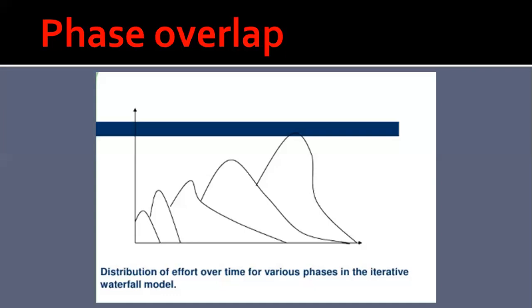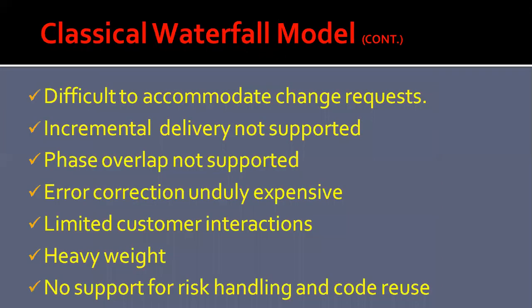Now, what are the shortcomings of the iterative waterfall model? The iterative waterfall model is a simple and intuitive software development model, of course, and it has been satisfactorily used during the 1970s and 1980s.